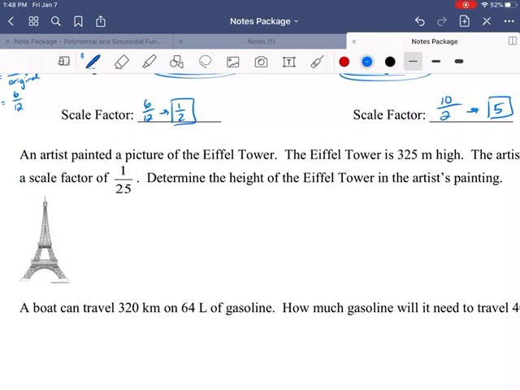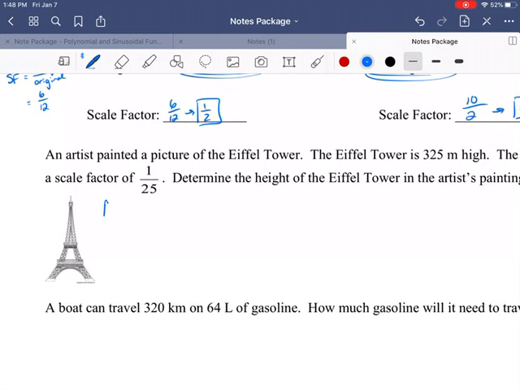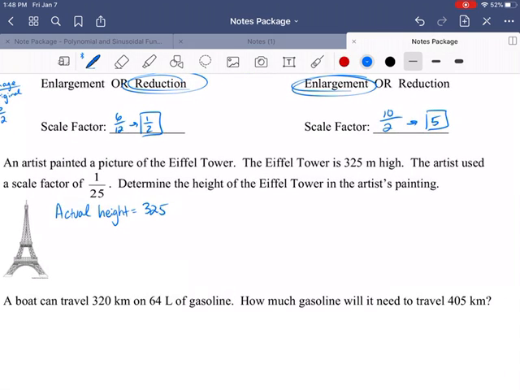An artist painted a picture of the Eiffel Tower. The Eiffel Tower is 325 meters high, so the actual height is 325. The artist used a scale factor of 1/25.